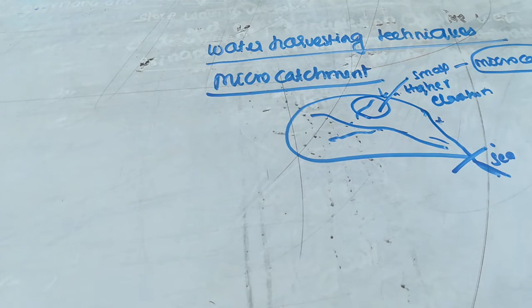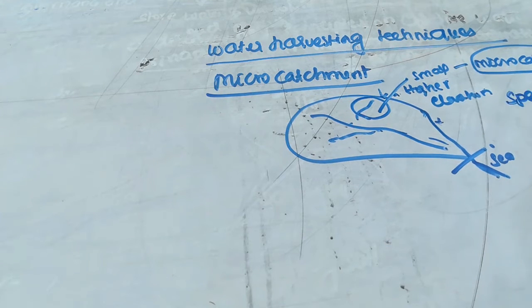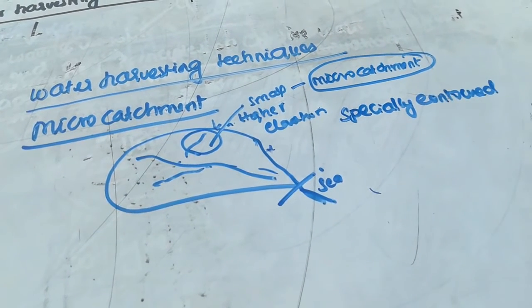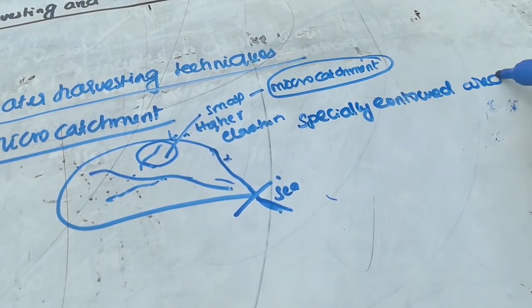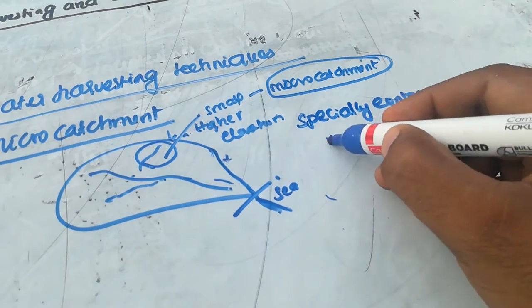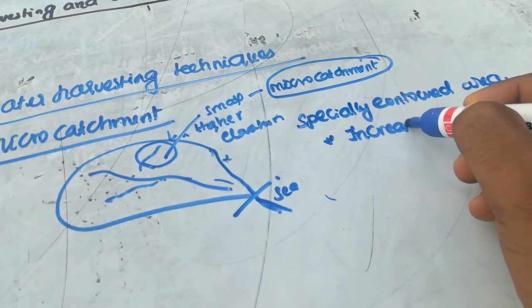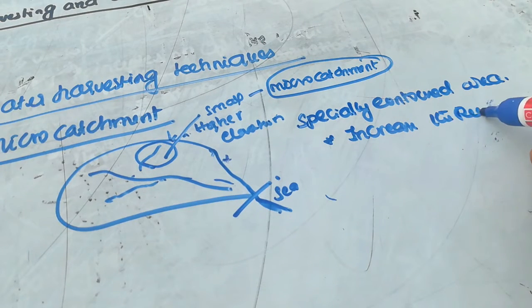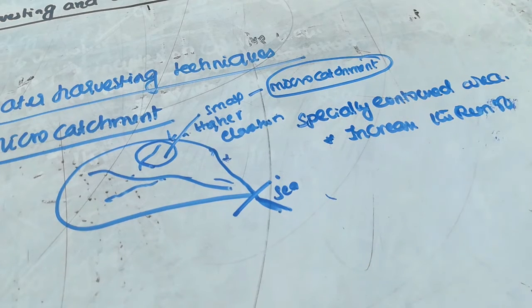So a micro catchment is a specially contoured area, and it increases the runoff.